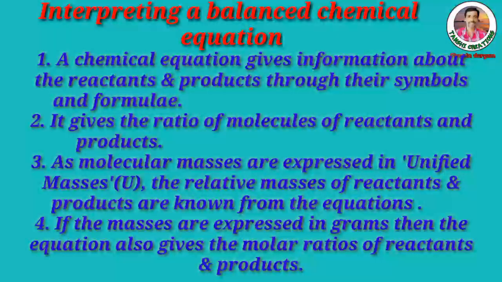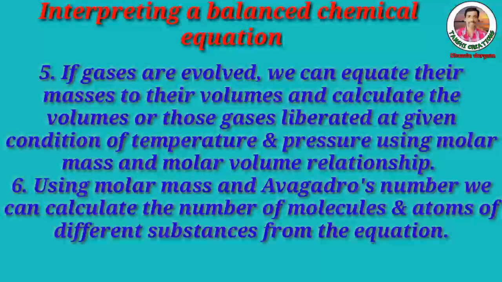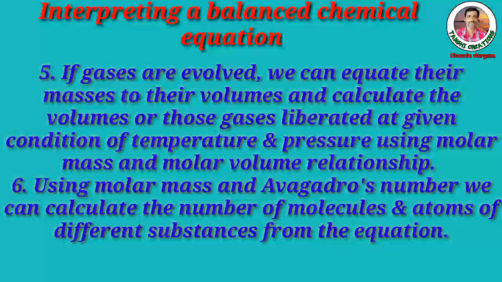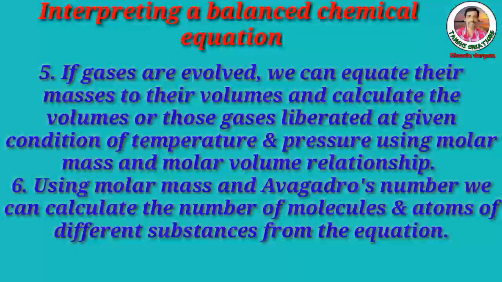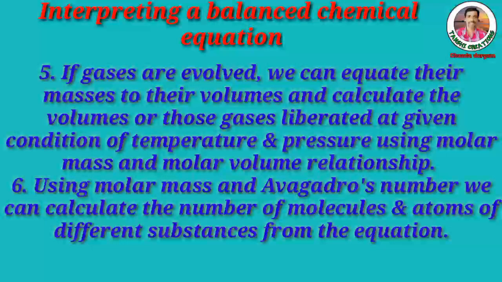reactants and products. Fifth, if gases are evolved, we can equate their masses to their volumes and calculate the volumes of those gases liberated at a given condition of temperature and pressure using the molar mass and molar volume relationship. Sixth, using molar mass and Avogadro's number, we can calculate the number of molecules and atoms of different substances from the equation.